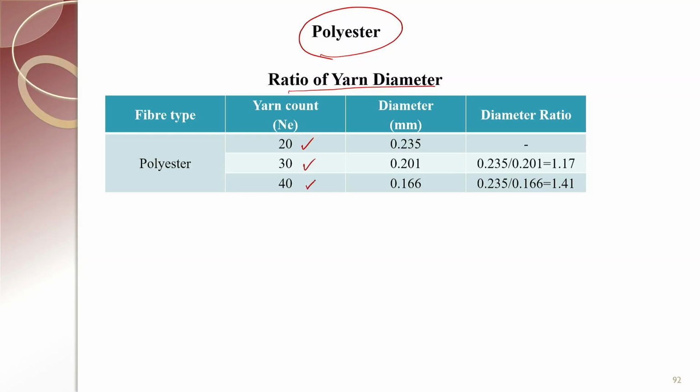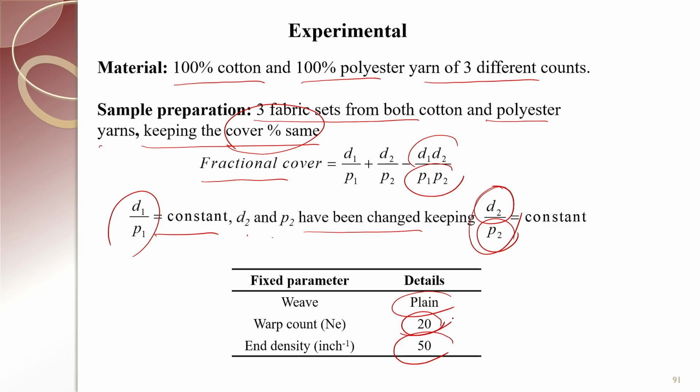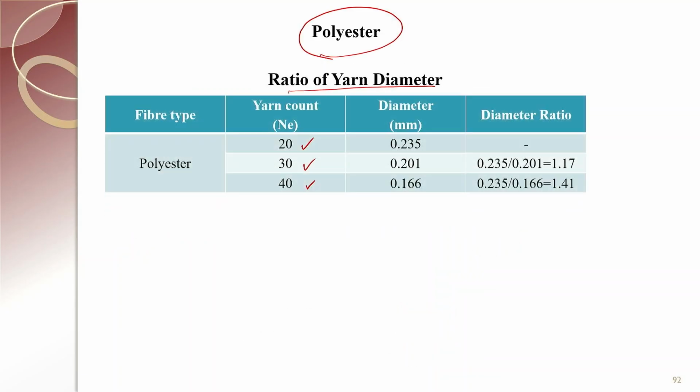For warp, we have kept constant the 20s count warp yarn, end density 50, but for weft we have used 3 yarn counts and the corresponding diameters we have measured: 0.235, 0.201 for 30s, and for 40s it is 0.166.